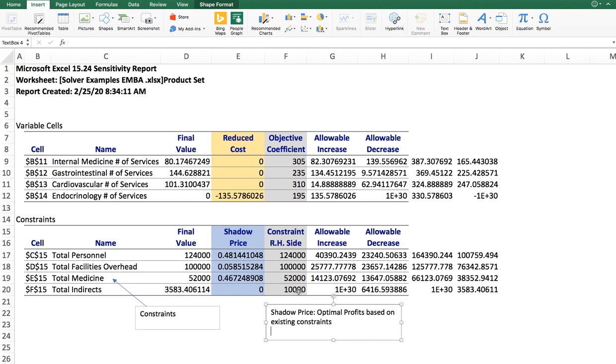What it's saying is, right now, total personnel is 124,000, right?